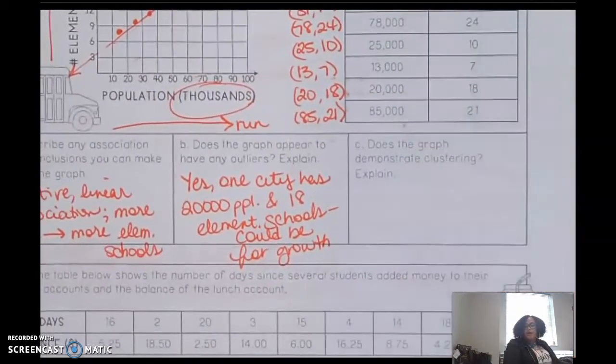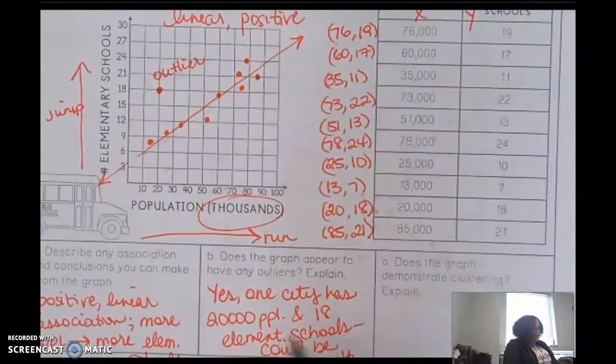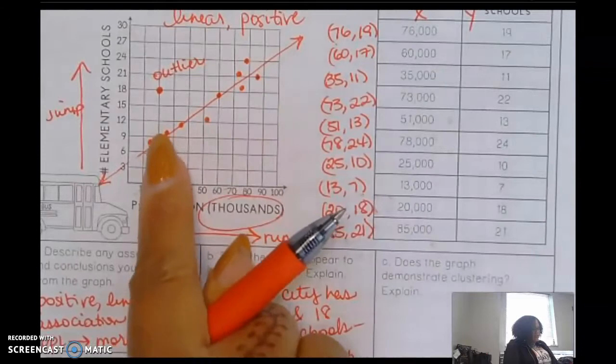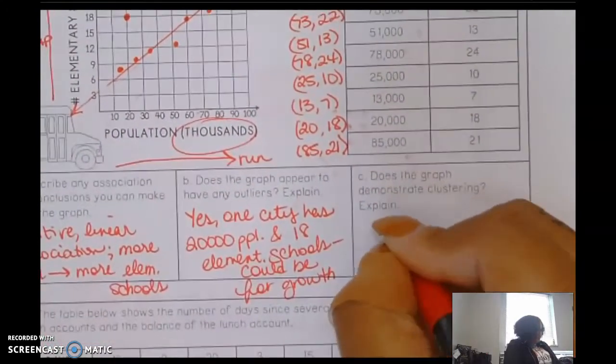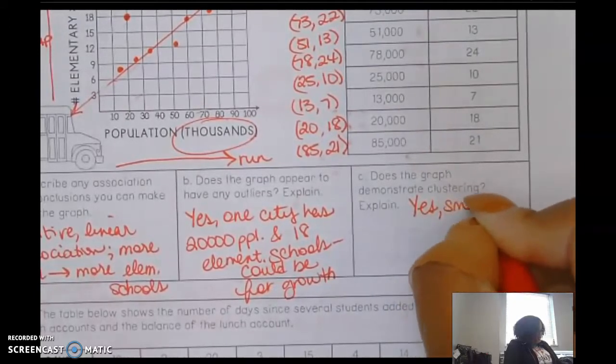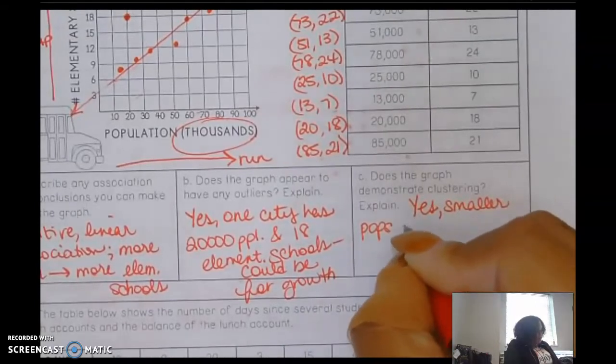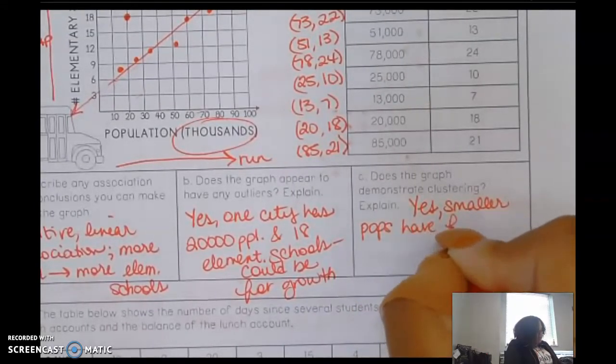Does the graph demonstrate clustering? Explain. Yes, there's a cluster up here and a cluster down here. Smaller populations have fewer schools.